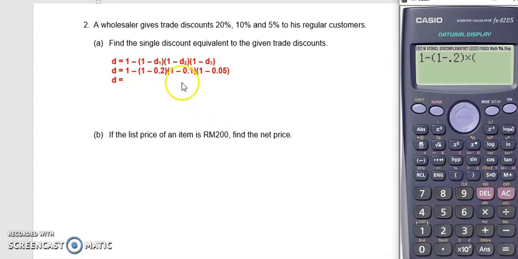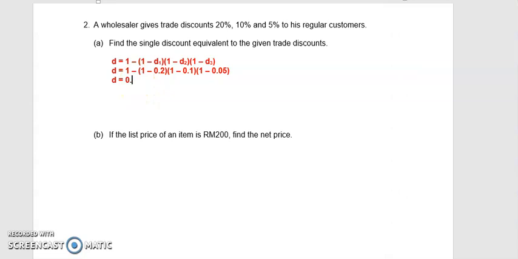Multiply by, so this is a simple calculation, right? To make it easy you just multiply by 1 minus 0.1, which is 0.9, okay? Multiply by 1 minus 0.05, which is 0.95. So only 0.316.